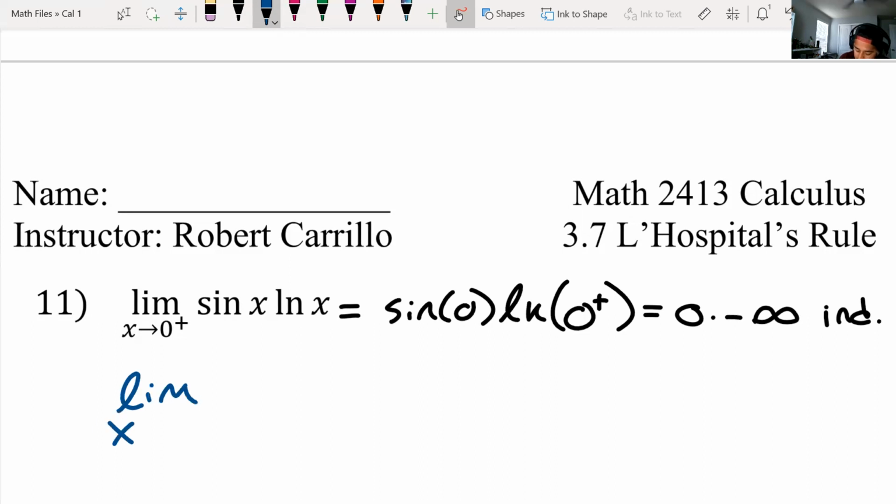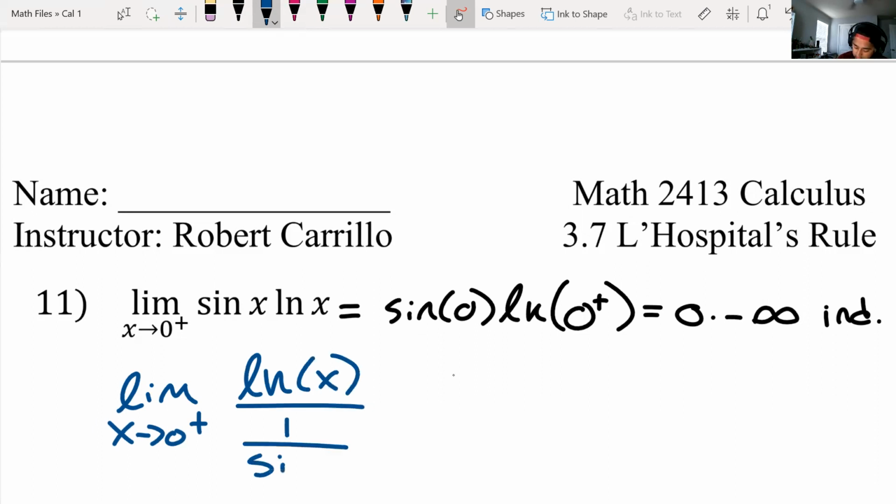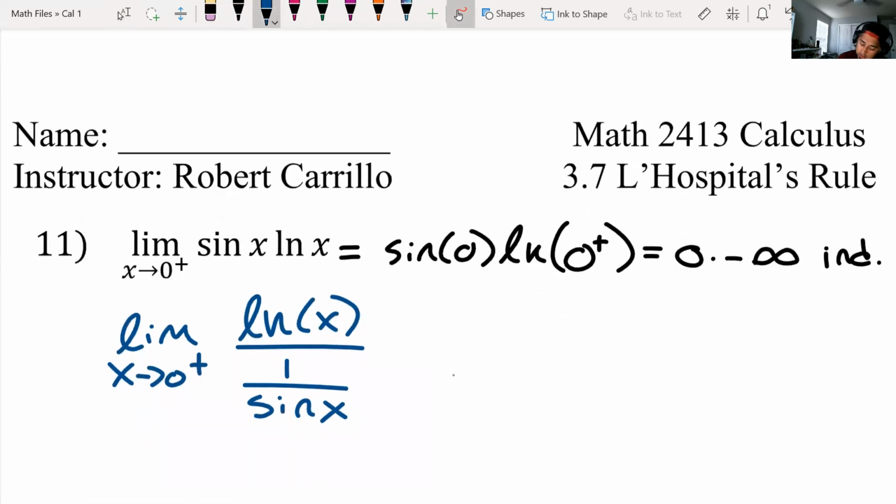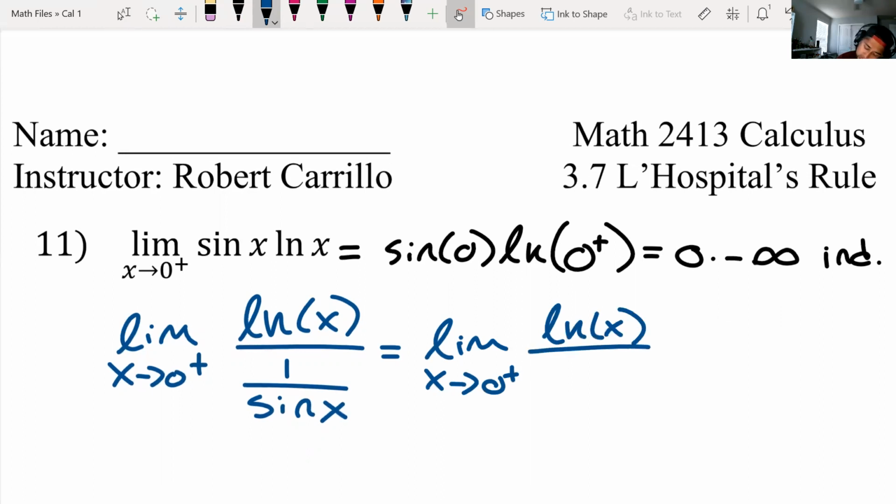So we rewrite this. And again, always keep the natural log in the numerator. You have natural log over 1 over sine of x. And then 1 over sine of x becomes what function? Cosecant x.